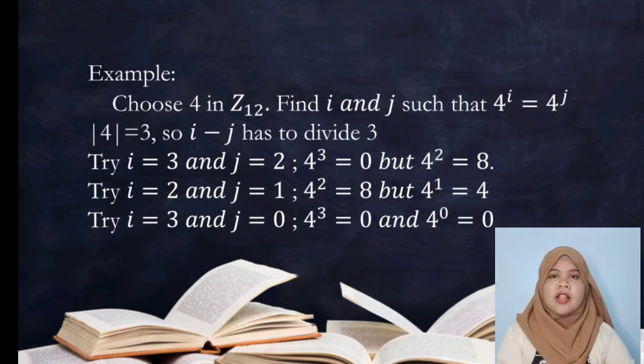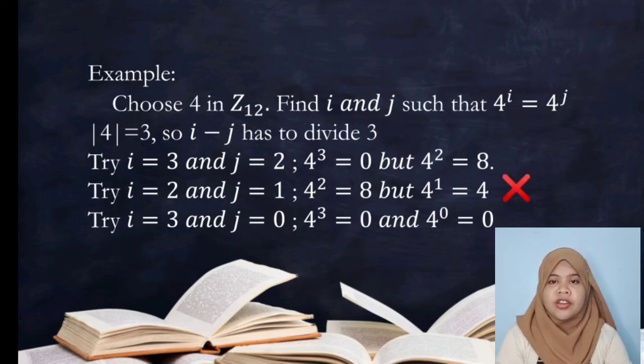So next, let's try i is equal to 2 and j is equal to 1. And we have 4 to the power of 2 is equal to 8, but 4 to the power of 1 is equal to 4. Therefore, they are not equal to each other.